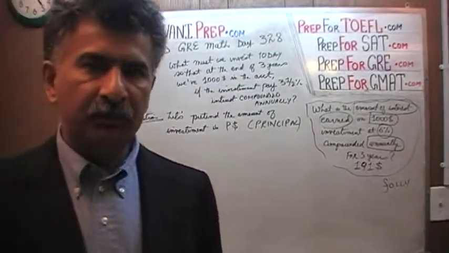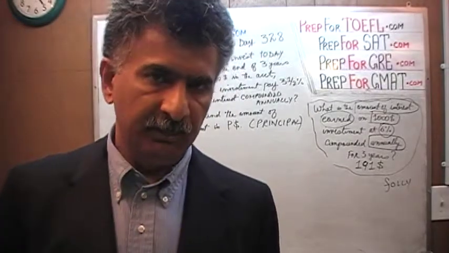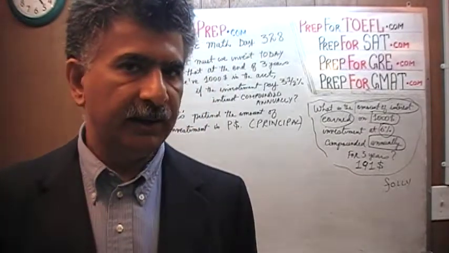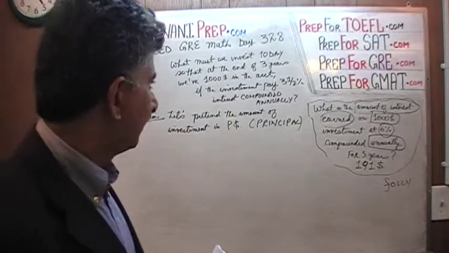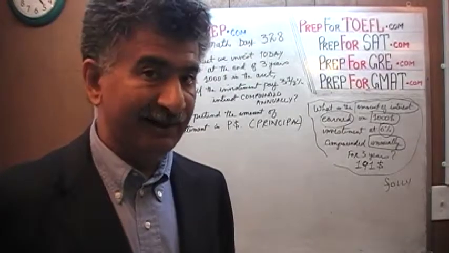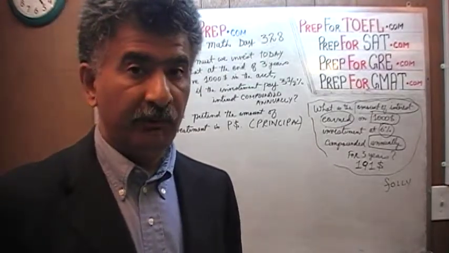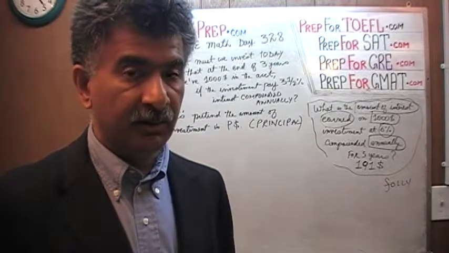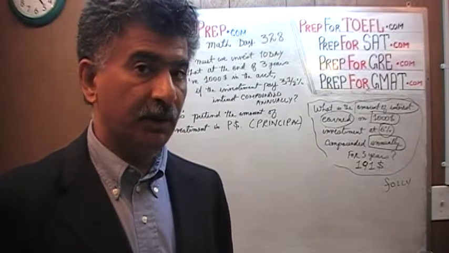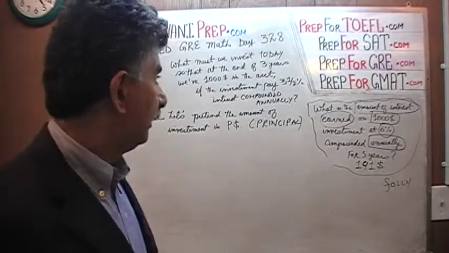So what principal do I need to begin my story with, so that at the end of 3 years we will have exactly $1,000 in our account if it were to pay 3.5% interest, which is going to be compounded annually for a period of 3 years.